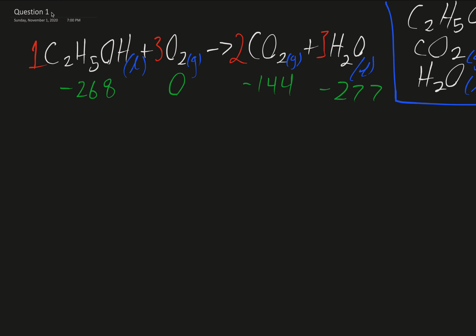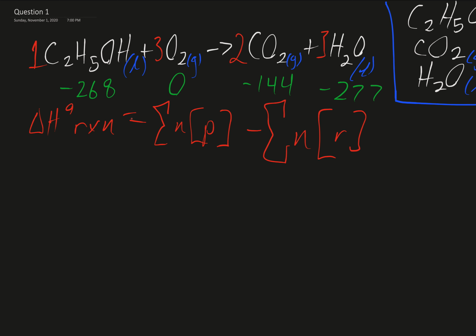And so we look again at the standard heat of formation reaction formula, right? We have that the standard heat of reaction is going to equal the sum of the heat of formations of the products minus that of the reactants, right?